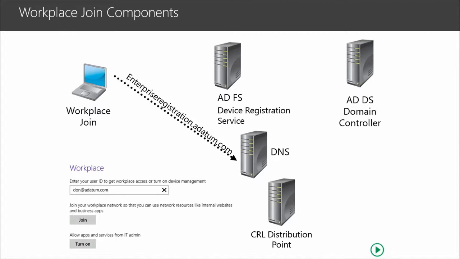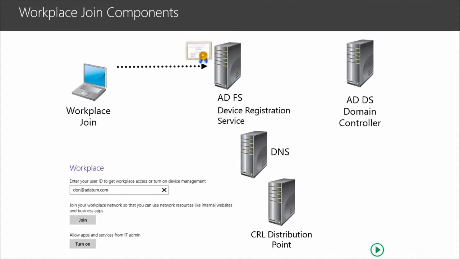So on the server side of things, whoever's in charge of setting up DNS will have to make sure that record is in there in the DNS server. Then we know where to find the ADFS server. The ADFS server will send us a certificate, and this is because the ADFS server has the device registration service to help register Workplace Join devices.